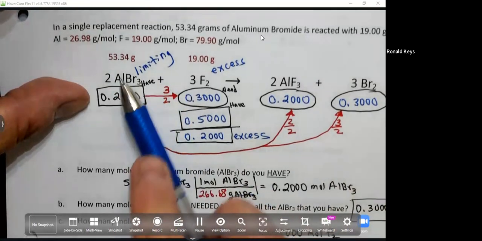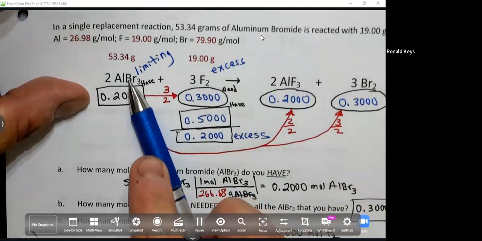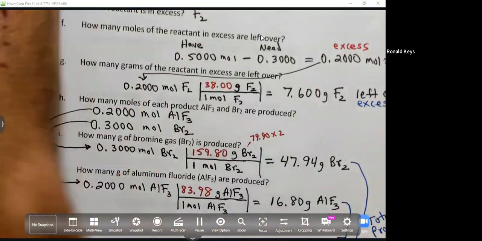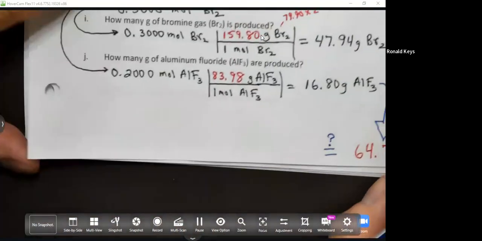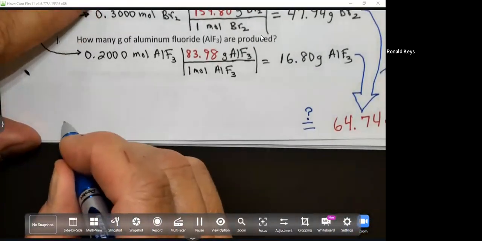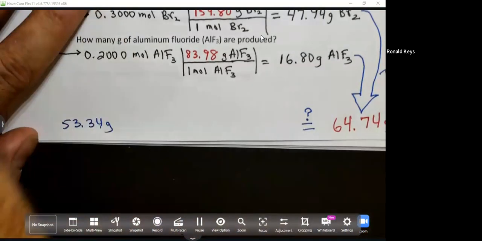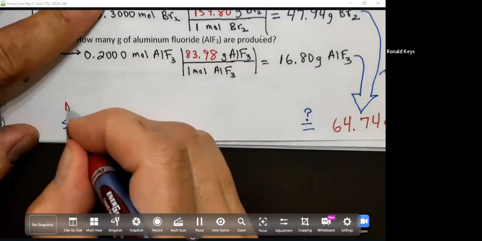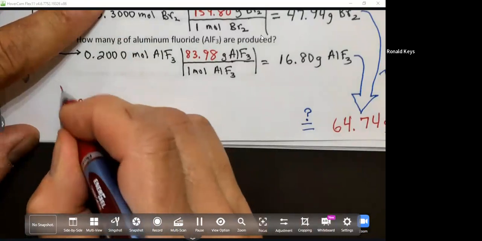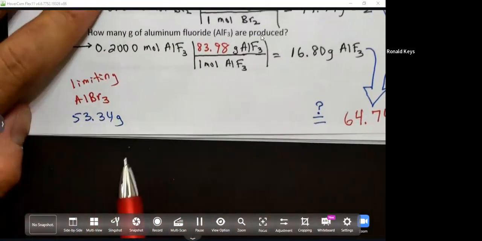This is consumed. 53.34 grams is consumed, yes? Well, let's go down here. And I know that down here, 53.34 grams. This is my aluminum bromide that was limited. So for sure, that's all consumed.